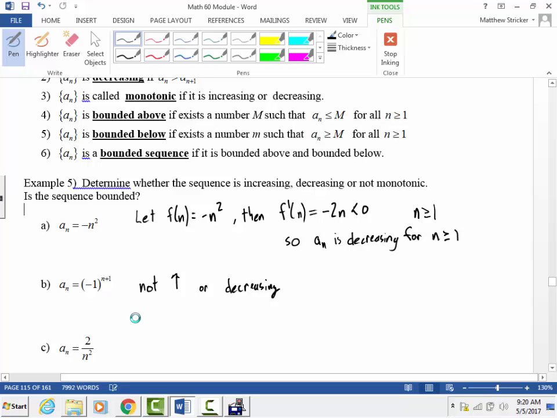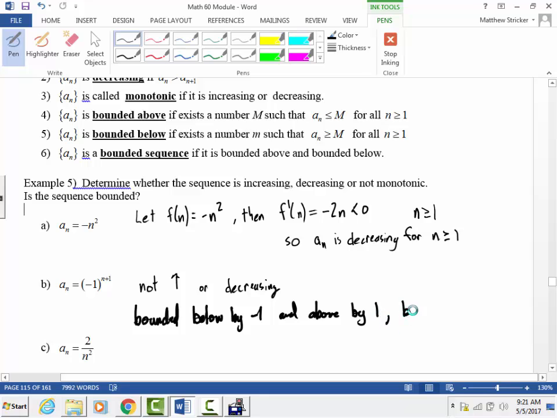And it is bounded below by negative 1 and above by positive 1.